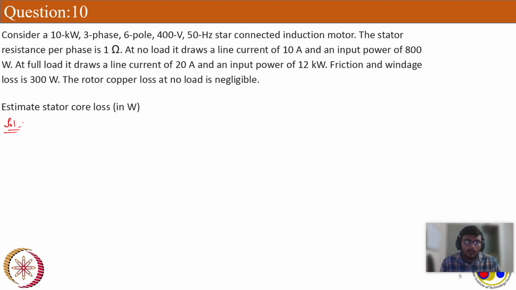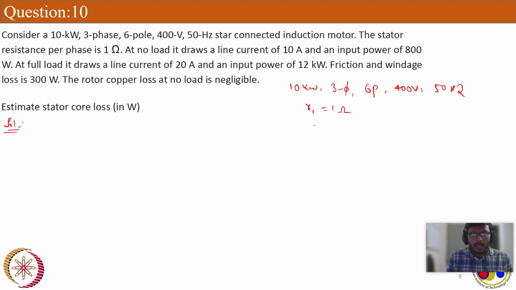Okay, now let's note down the data once. It's a 10 kilowatt, three phase, six pole, 50 hertz motor, and R1 is 1 ohm, and it draws a line current of 10 amps at no load.